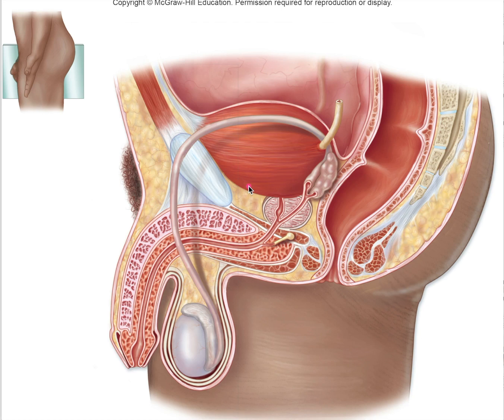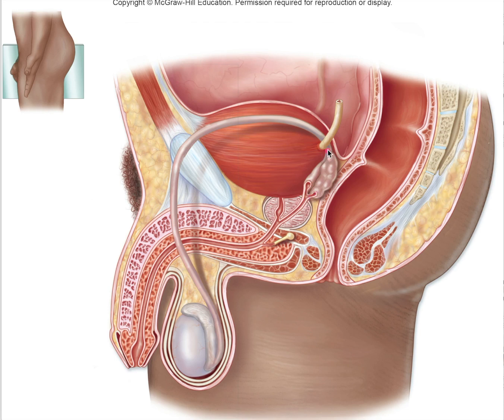So the first structure that we run into are these two little wing-shaped glands on the back of the bladder. And I'll show you another view of these that shows them a little bit better. But these two glands are called the seminal vesicles. And you see how they empty into the ductus deferens here.